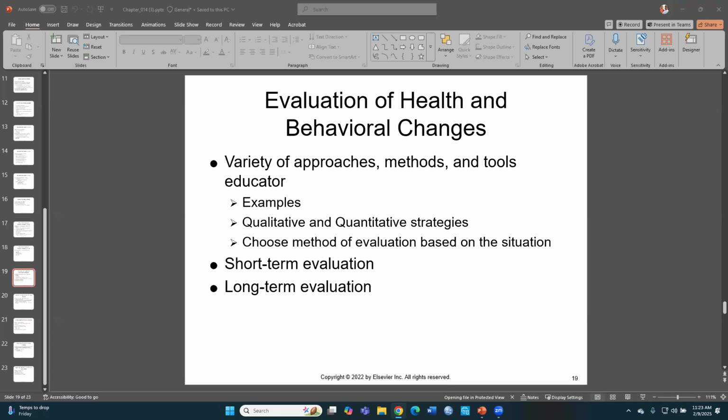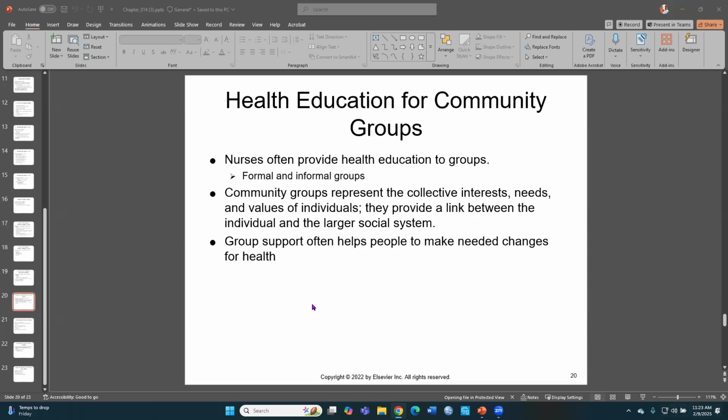Short term, we have pretty good control over it, but we don't necessarily know what's going on with our patients once they leave the hospital. So those long-term goals are sometimes more difficult to evaluate. But the effectiveness of your education, with periodic follow-ups, will help to improve those long-term goals.